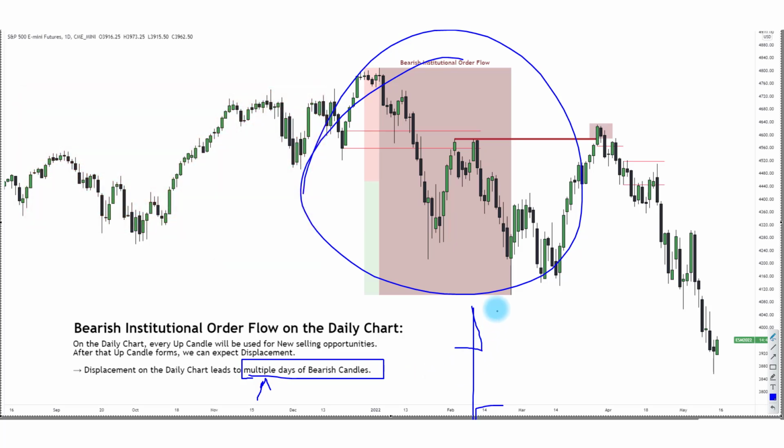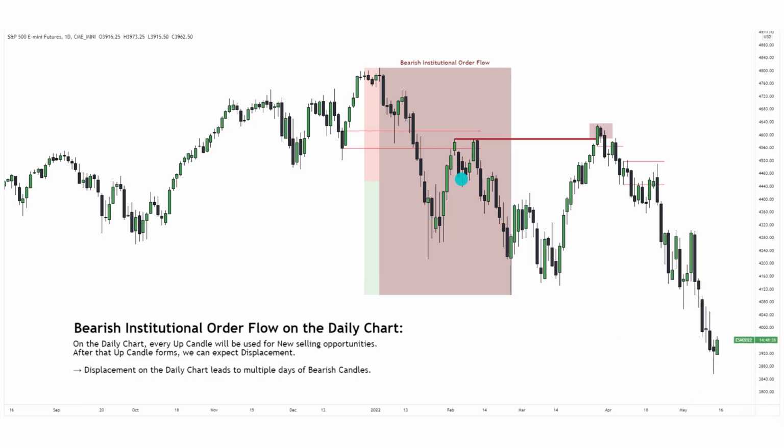This is the easiest part once we understand what's going on in the long-term perspective. So if we understand that up candles produce displacement in price, every time displacement is happening, this is our bias. Multiple days of being a bearish seller.